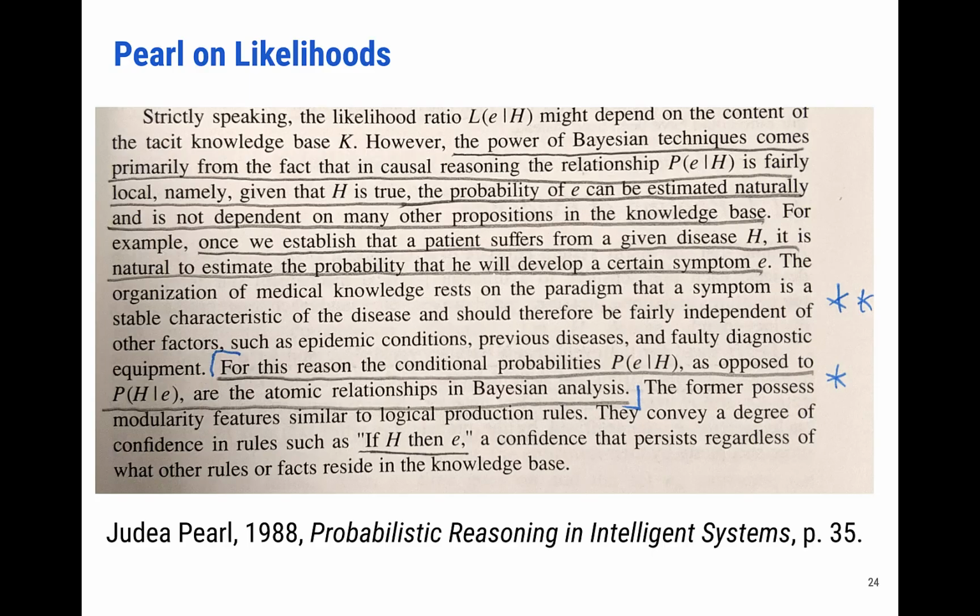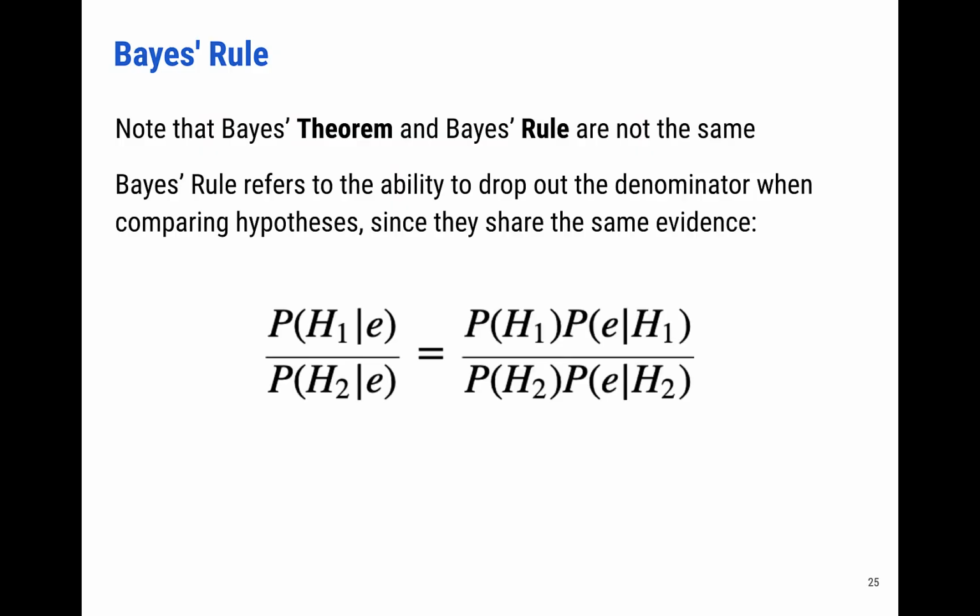It's saying, if you know that this topic applies to this document, here's the distribution of words that you can expect. And so each one of them is a hypothesis, if you will, and an atomic relationship that you can then use to talk about your collection. So anyway, that is just a side note, and I think it's really important to understand that that's what's going on when you're talking about Bayes' rule or Bayes' theorem.